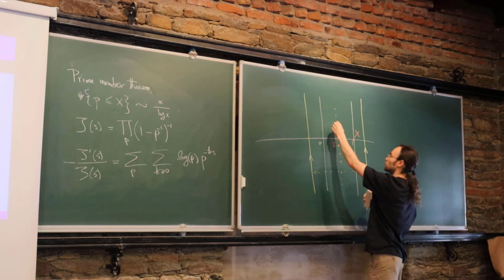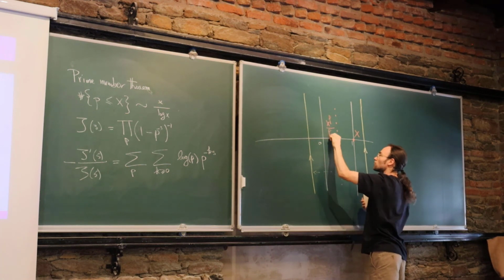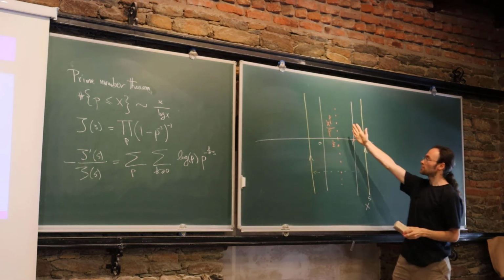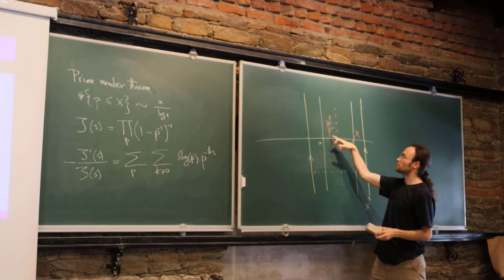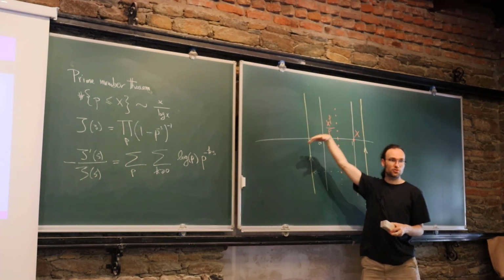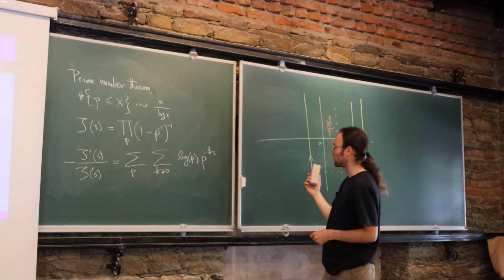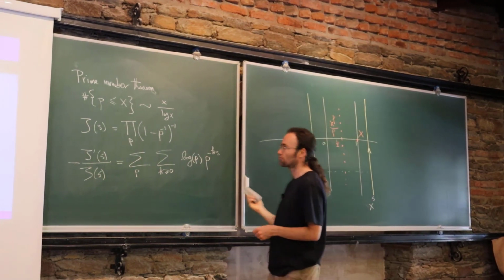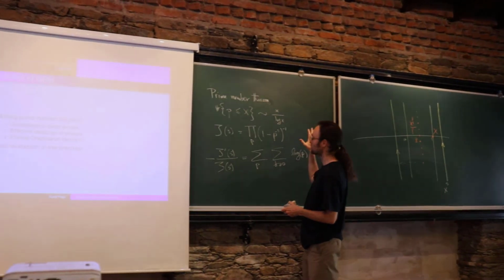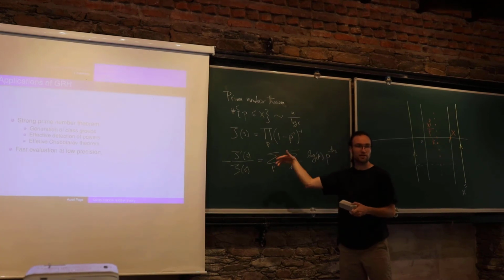And you go here, you pick up terms that are like x to the rho over rho, where rho is the zero. But if the real part is small, this is actually of order essentially square root x. So this is what gives you small error terms. And if you do the calculation, you realize that the error terms are also very small, not just in terms of x, but also in terms of n, the analytic conductor.